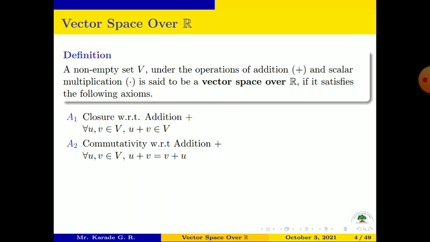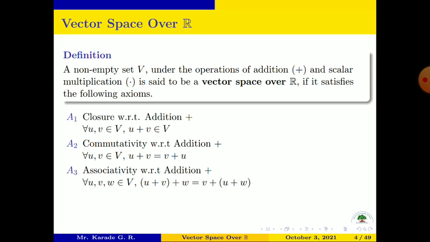Okay, so let us look at the third condition, associativity with respect to addition. This condition is nothing but for all u, v, w belongs to V, u plus v plus w is equal to v plus u plus w.